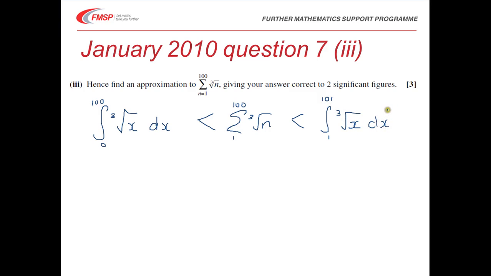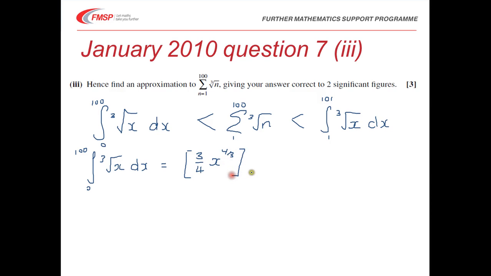But of course we know we could integrate the cube root of x dx. You integrate x to the power of a third, you'll get x to the power of 4 over 3 divided by 4 over 3, so 3/4 of x to the power of 4 over 3.